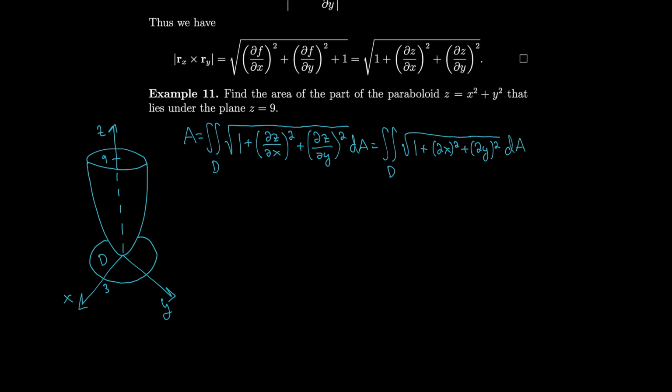So we get that this is the double integral of the square root of 1 plus 4 times x squared plus y squared.